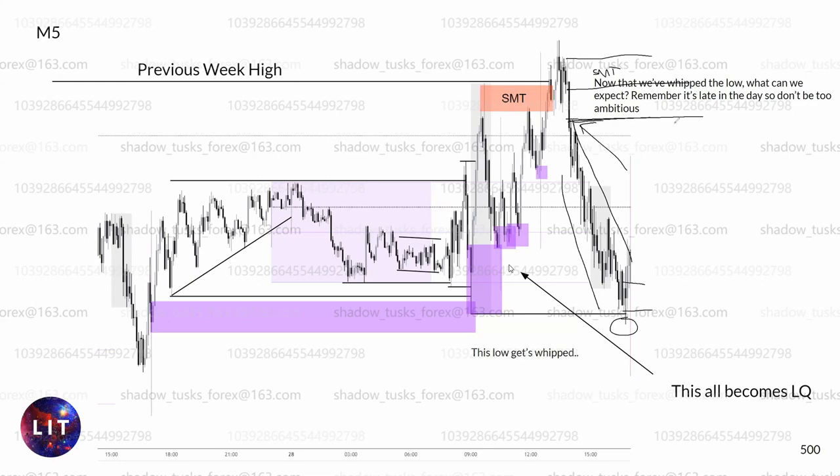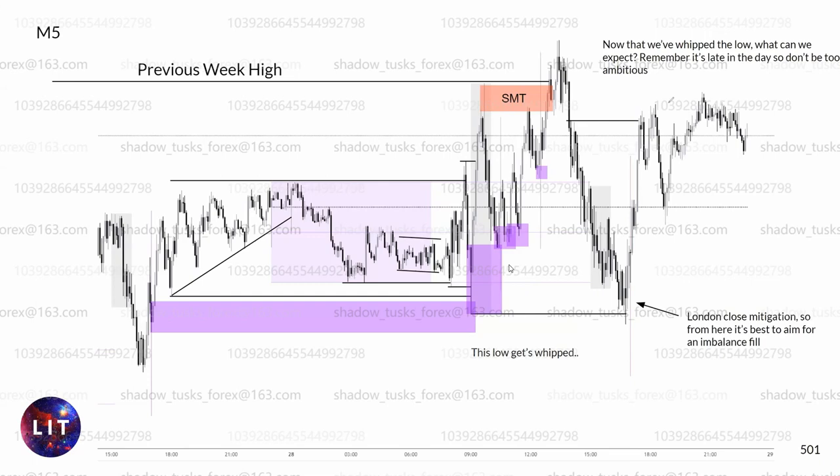And this is like the last point of liquidity, your internal liquidity. So yeah, either one of these is fine. And then there you go. London close. So from here, it's best to aim for the imbalance fill. Okay, perfect. That was a lovely little example.